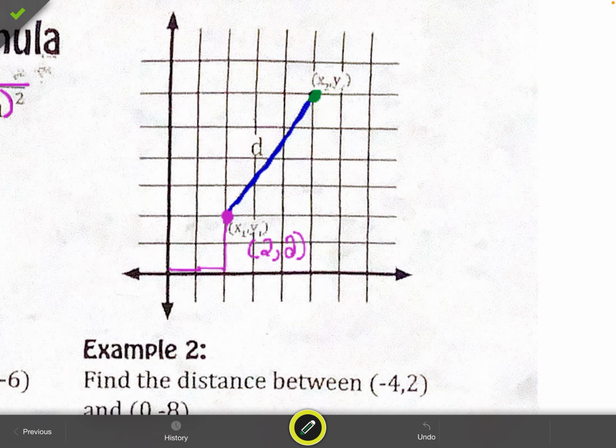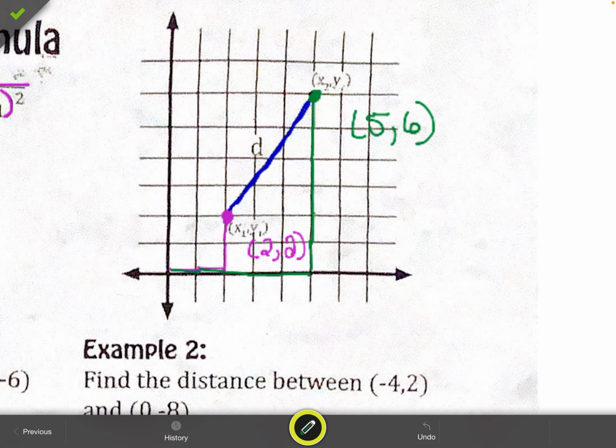To get there, I have to go right 1, 2, 3, 4, 5. So I went right 5. And then I have to go up 1, 2, 3, 4, 5, 6 spaces. So that endpoint is 5, 6.